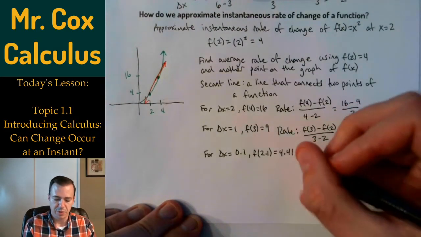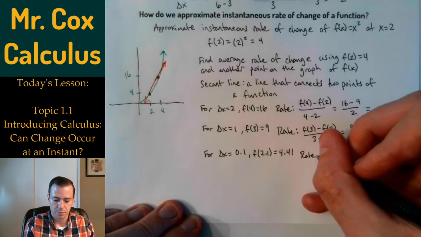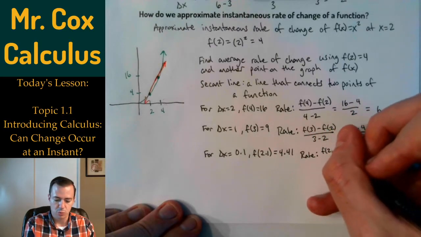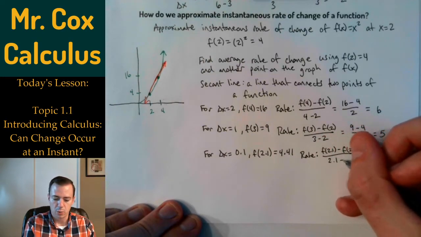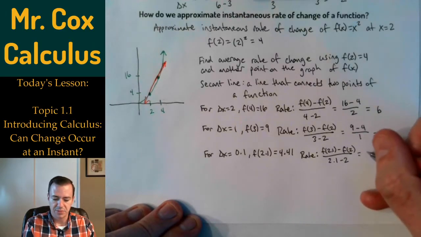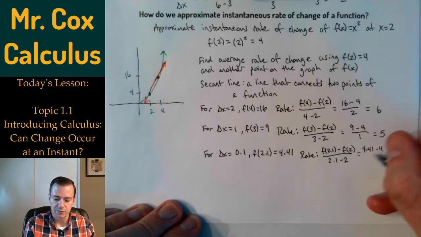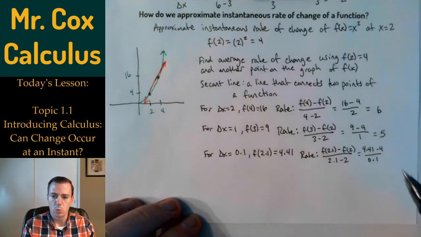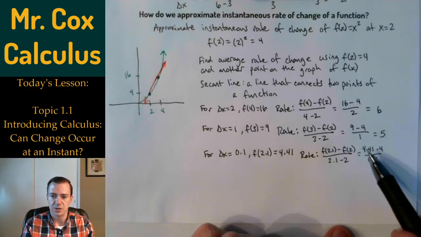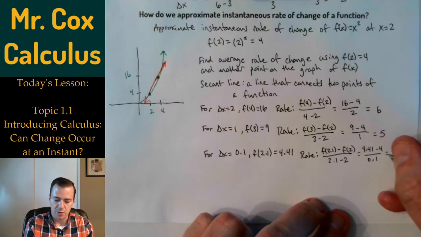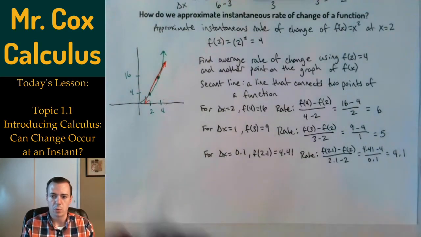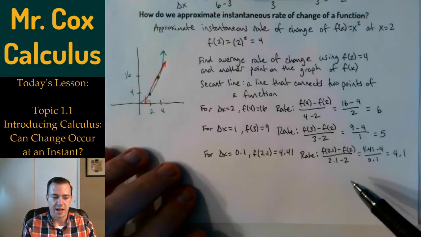And so now I can use my rate of change formula and say, okay, I want f of 2.1 minus f of 2 over 2.1 minus 2. And that comes out to be, when I substitute these in, 4.41 minus 4 over 0.1. If you do the computation here, you get 0.41 divided by 0.1, and that value comes out to be 4.1. So again, I got a little bit closer to what the actual value is.